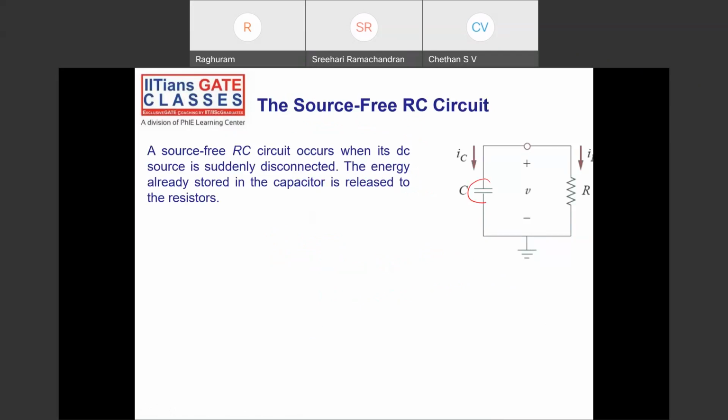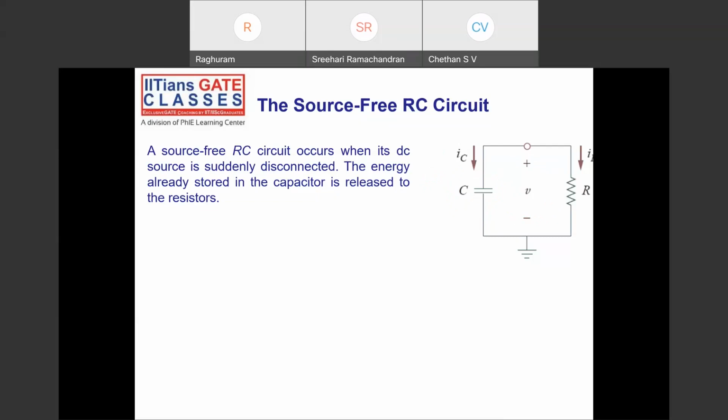The capacitor gets charged to some voltage V, and all the energy stored in the capacitor, which is half CV square, gets released into the resistor R, dissipated in the form of heat energy, the I square R losses.